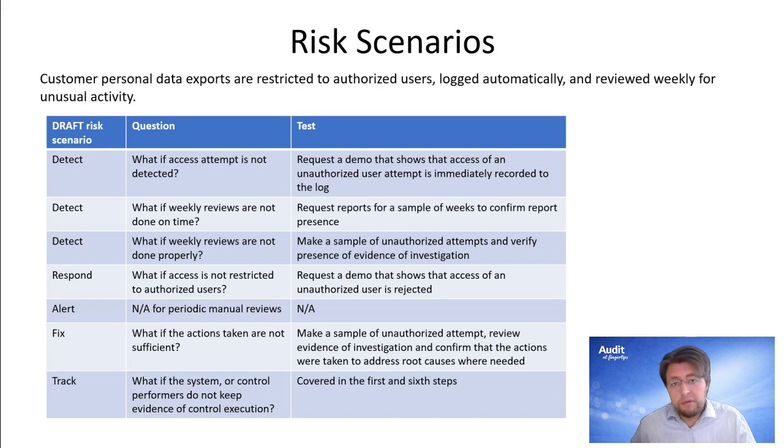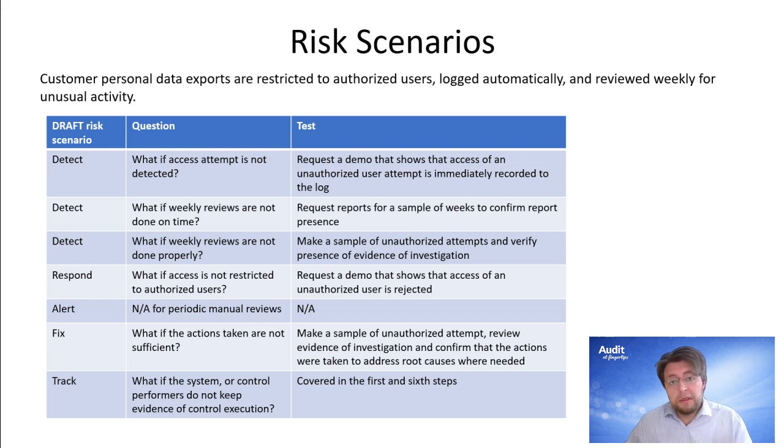Fix. Now, actions. What's being done to address the issue? Of course, we may not expect that each and every single attempt must be investigated. Probably just people forgot their password and just tried the wrong password. However, if there is something systemic, definitely some actions should be taken and root causes should be remediated.